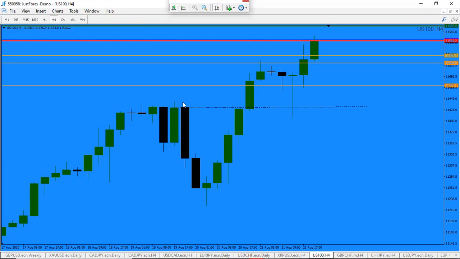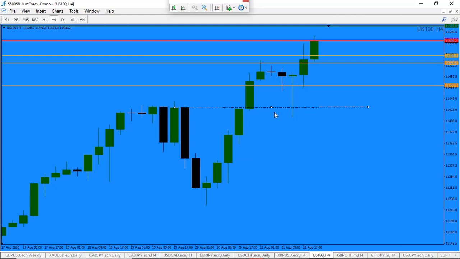Because the market didn't trade up to this point by where we can at least have a supply zone. You can see this candle lost its momentum because of the market maker buying profile or buying model.